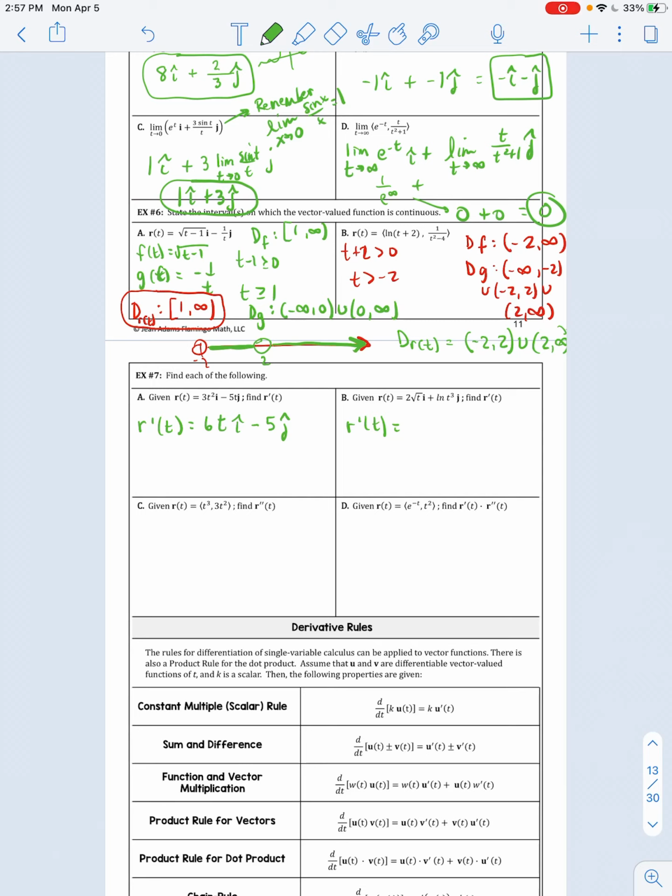And when I brought it down times the 2, it turned it into 1, t to the negative 1/2, which gives me 1 over the square root of t times i, plus, and this one would have been 1 over t cubed times the derivative of t cubed, which would be 3t squared. And then the t squareds go away, so this becomes 3 over t times j.